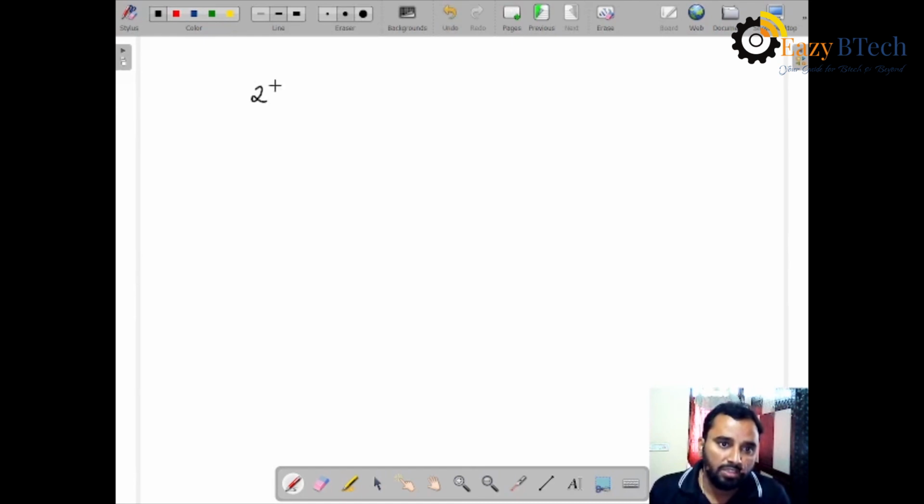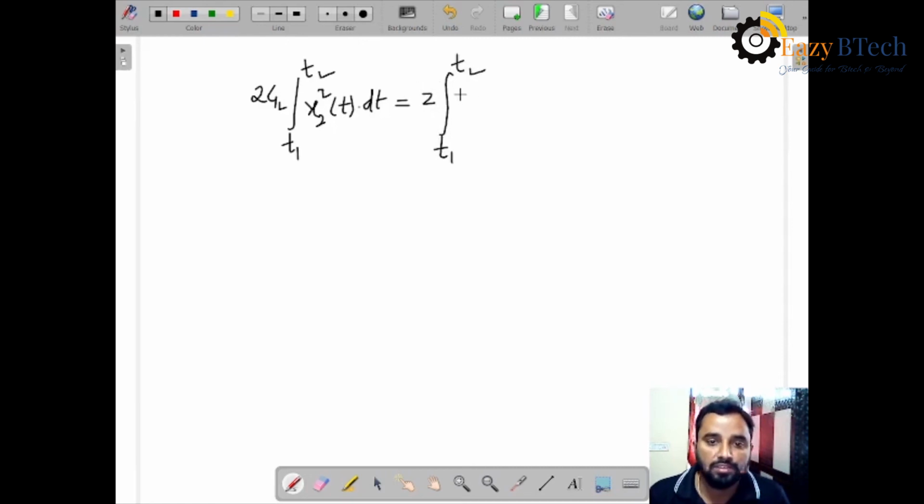So here we have 2 c12 integral t1 to t2 x2 square of t dt equal to integral t1 to t2 2 already there, x1 of t into x2 of t dt. So both sides we can cancel 2.